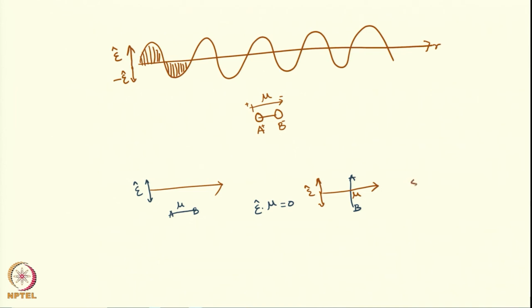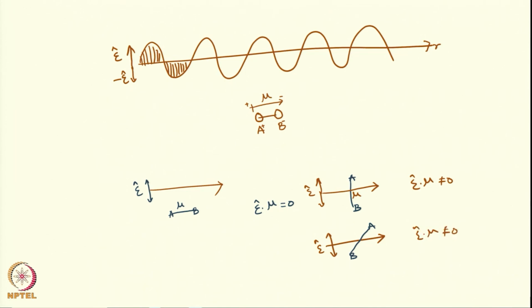So epsilon dot mu will not be equal to 0, or any direction that has a projection. So this will have some projection onto epsilon. Even in that case, epsilon dot mu will not be equal to 0.